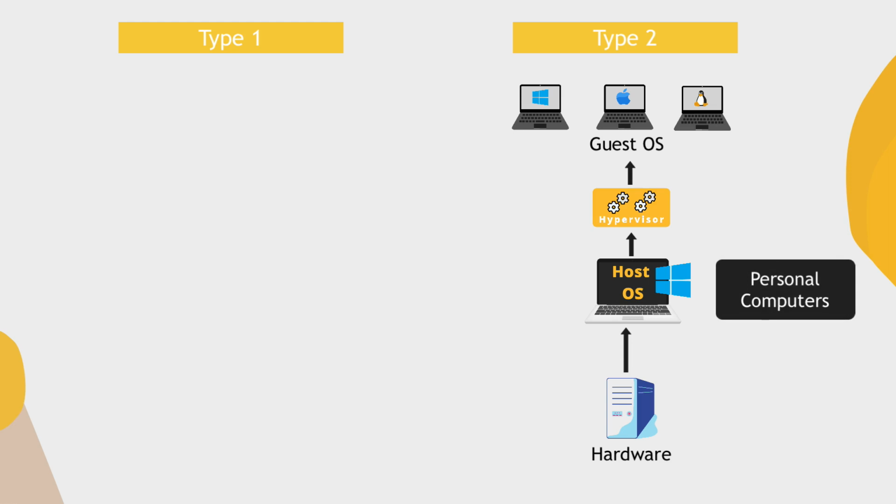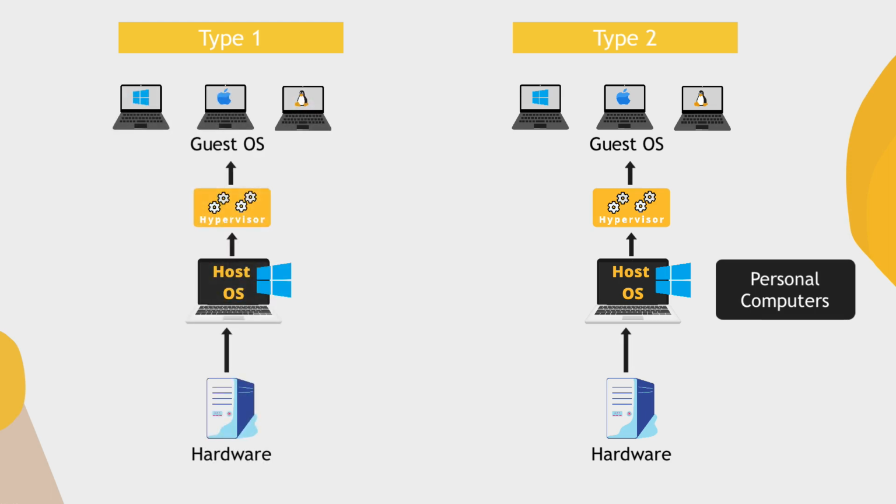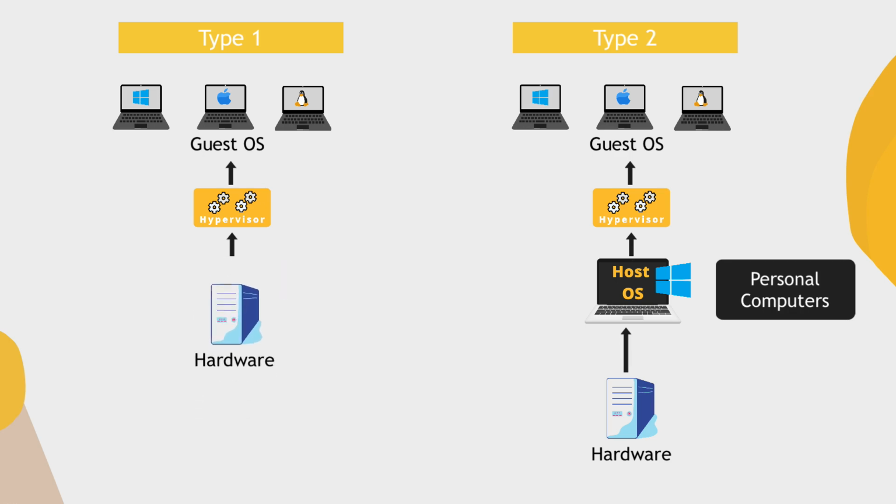However, for big servers that companies are using, you have the second type of hypervisor, which is type 1 hypervisor, which actually works in exactly the same way. However, the main difference here is that instead of installing a hypervisor on a host operating system, you basically install it directly on the hardware. And that's why the type 1 hypervisors are also called bare metal hypervisors.